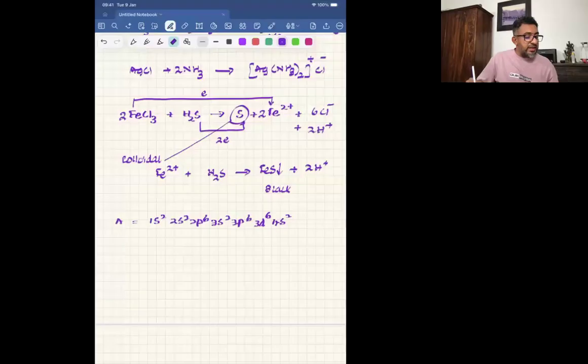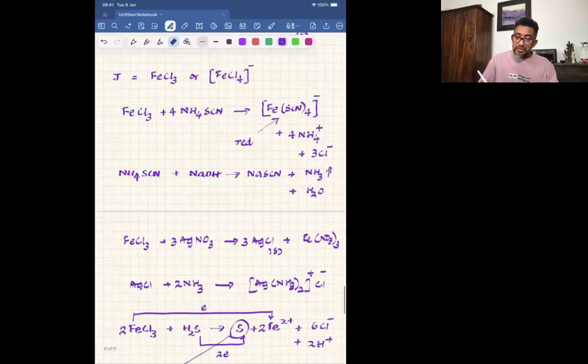State the function of E in the conversion of D to F. It is acting like an oxidizing agent. Oxidizing agent.